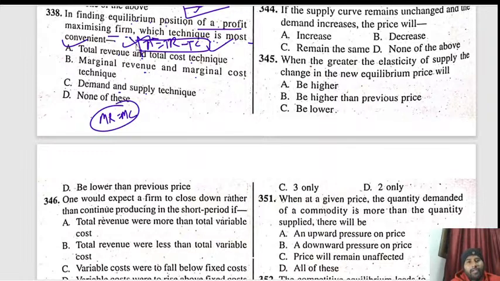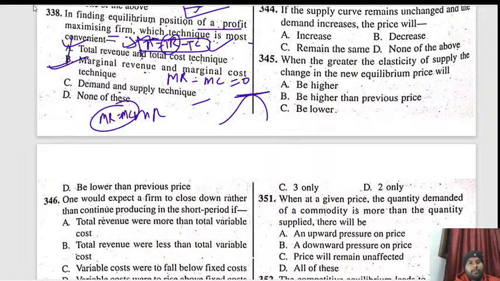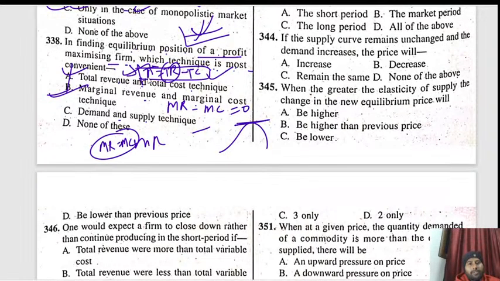Why? Because you will differentiate it. TR will give MR and TC will give MC. So when you put it equal to 0, because at profit maximum the slope of profit will be 0, MR is equal to MC will happen. So this is the most important and most efficient technique.